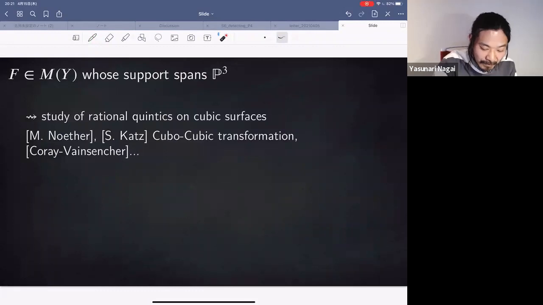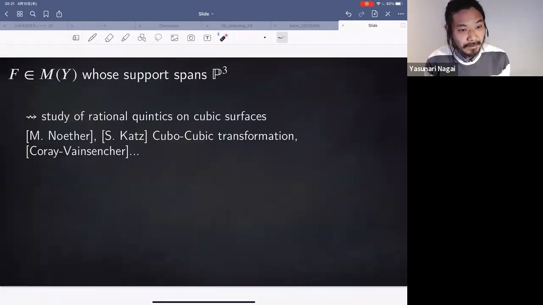And then it turned out that this is a really classical problem dating back to Max Noether, and also several papers in the literature like Katz and Corey and Weinsencher. But unfortunately, they only look at generic, smooth curves. But somehow, the trouble seems to be concentrated in non-normal surfaces.